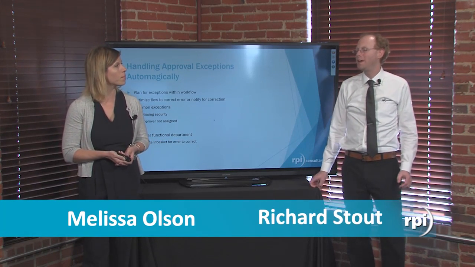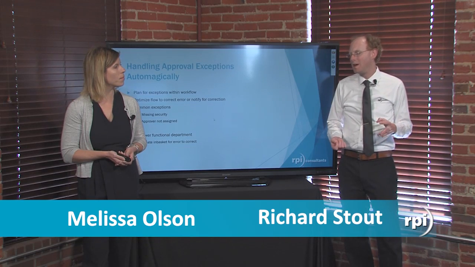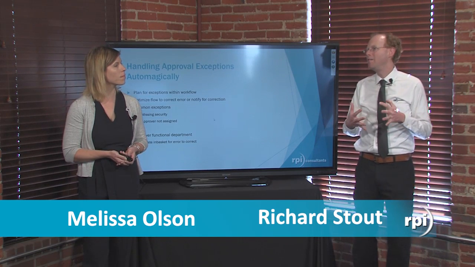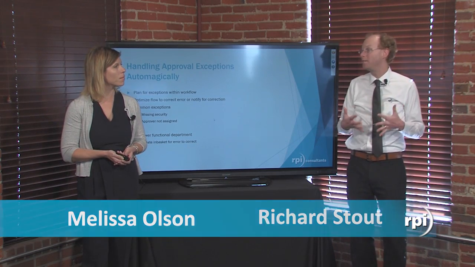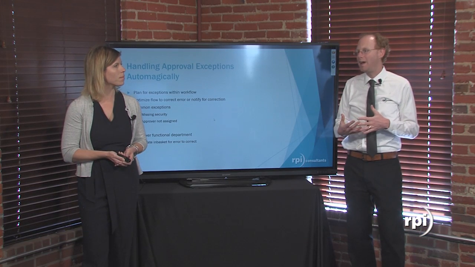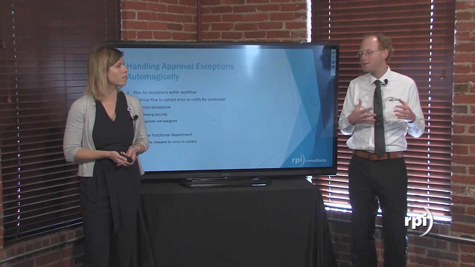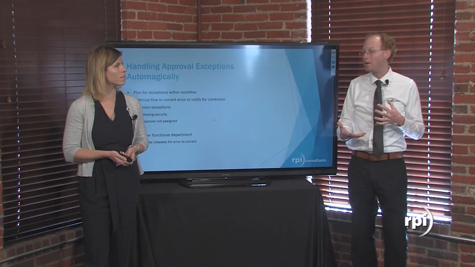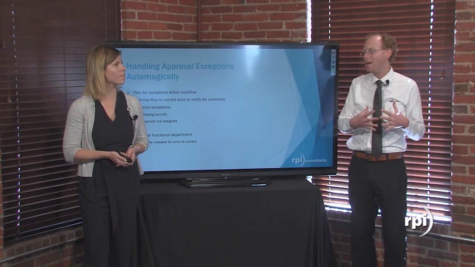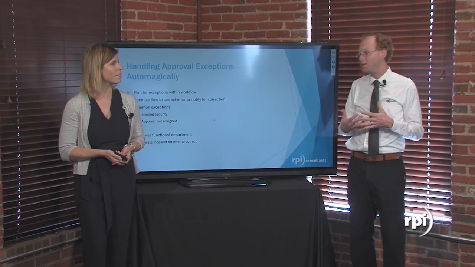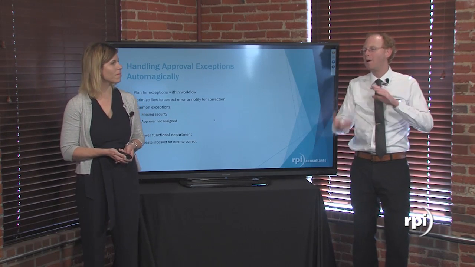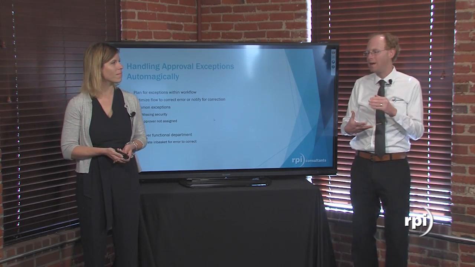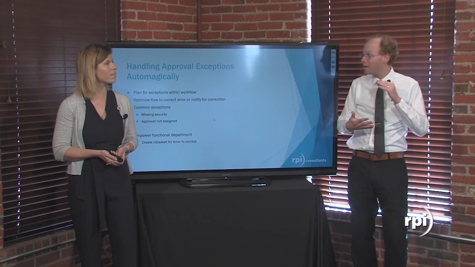I like to build into my rec approval flows a special in-basket for the person that's managing the requisitioning process. And if an exception occurs during the approval, and we really need a person to look into that and maybe make some configuration changes, I like to park that rec in an in-basket so we can keep track of those.